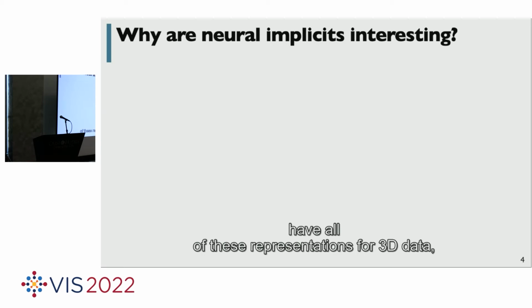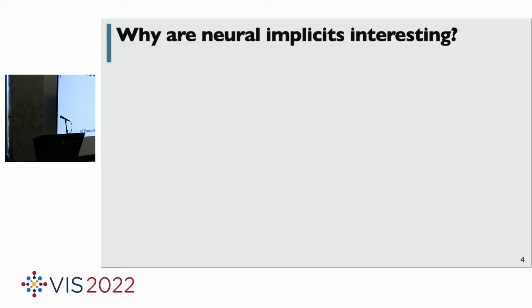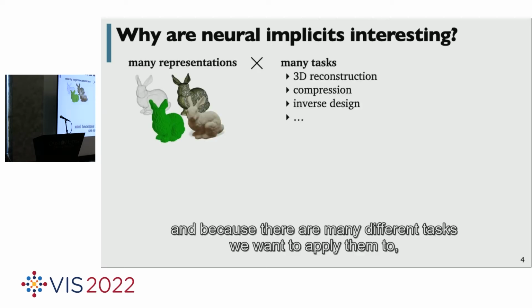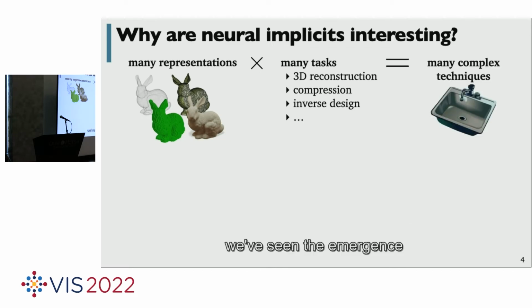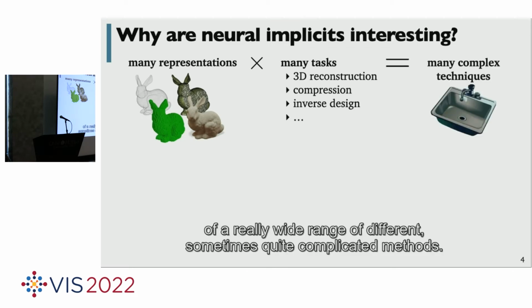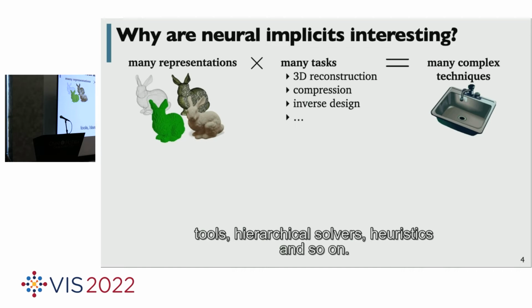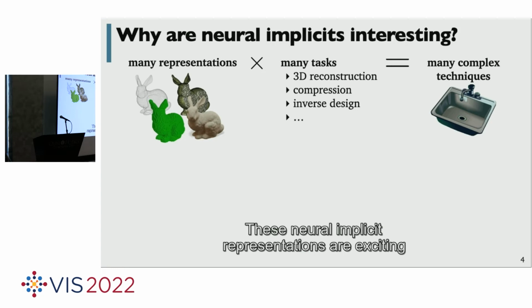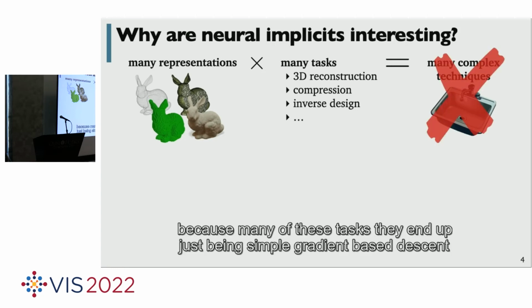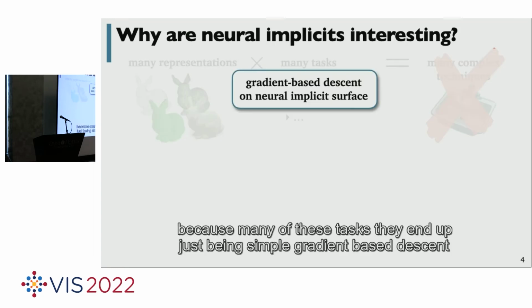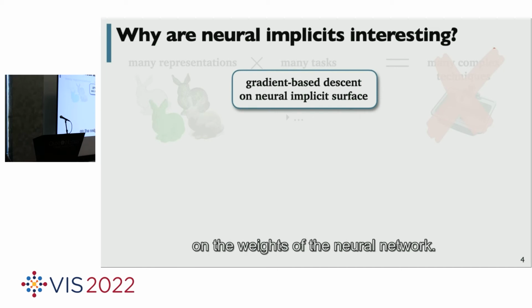Now remember, we have all of these representations for 3D data, and because there are many different tasks we want to apply them to, we've seen the emergence of a really wide range of different, sometimes quite complicated methods. For instance, optimizing 3D reconstruction with a triangle mesh might require a whole suite of remeshing tools, hierarchical solvers, heuristics, and so on. These neural implicit representations are exciting because for many of these tasks, they end up being simple gradient-based descent on the weights of the neural network. This is really appealing.